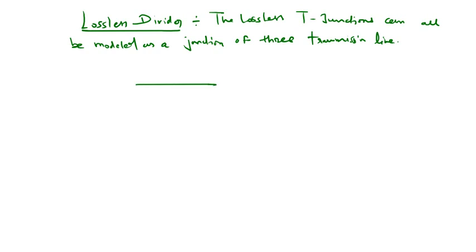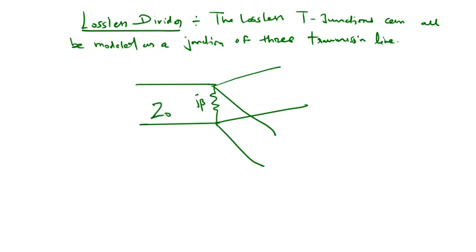This is your first transmission line, this is your second, this is your third: Z0, Z1, Z2. Gamma is alpha plus j beta, alpha is 0, so gamma is only j beta.